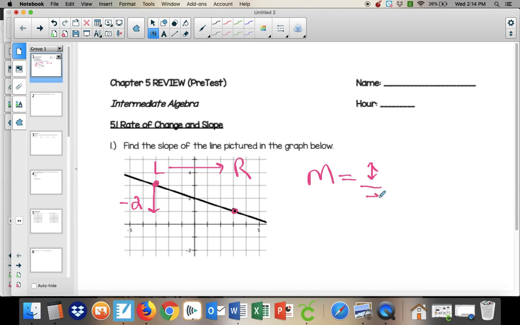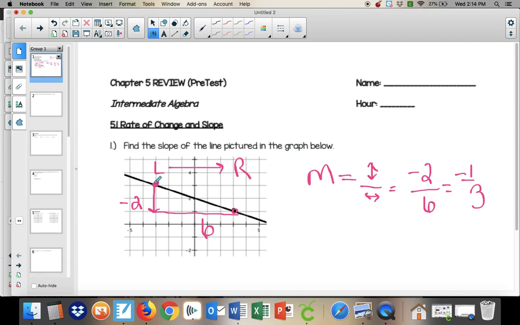In this case, I'm going down 2, and then I'm running over 1, 2, 3, 4, 5, 6. And I always have to make sure I reduce, so it is negative 1/3 for my slope.